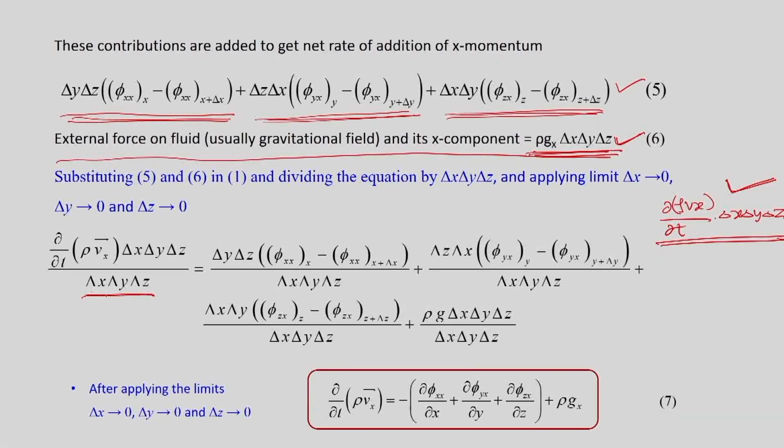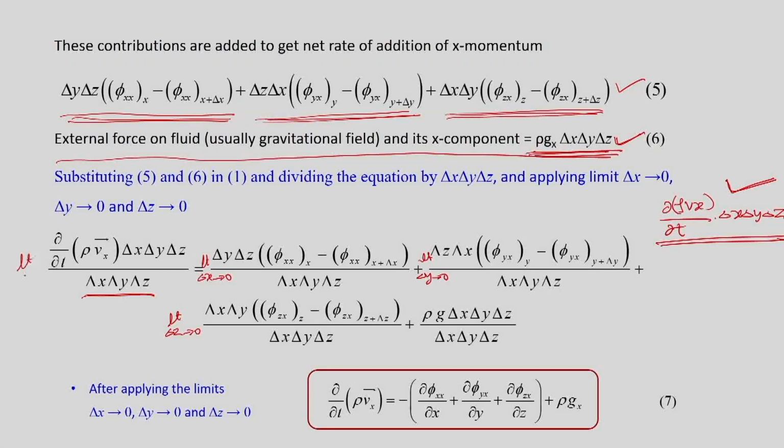Now these terms we substitute in equation 1 and then divide by delta x, delta y, delta z on either side, and then we apply the limit delta x tends to 0, limit delta y tends to 0, and limit delta z tends to 0 on either side.